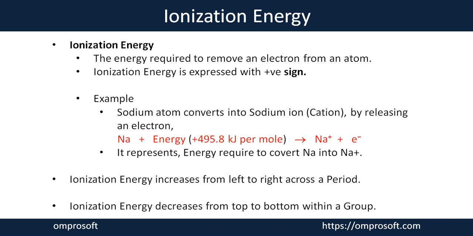So as we move top to bottom, the number of shells increases, so the requirement of ionization energy also decreases. That is why while we move left to right across a period, the value of ionization energy increases, and while we move top to bottom within a group, the value of ionization energy decreases.